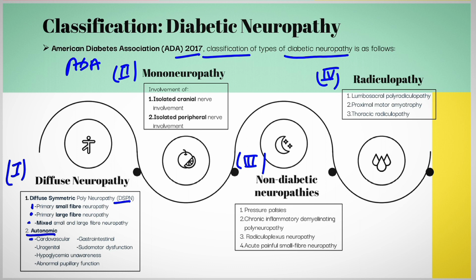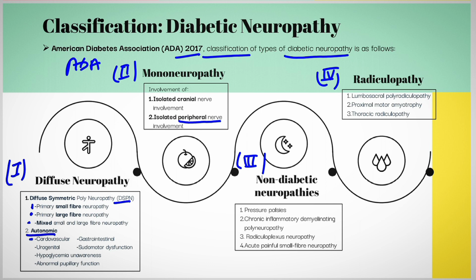Mononeuropathy can be divided into two categories depending upon the involvement of the cranial or peripheral nerve. If isolated cranial nerves are involved, this is the first category. In the second category, isolated peripheral nerve involvement is found.